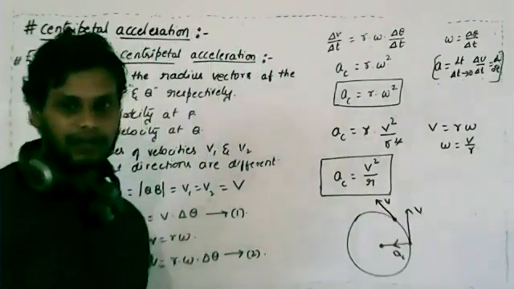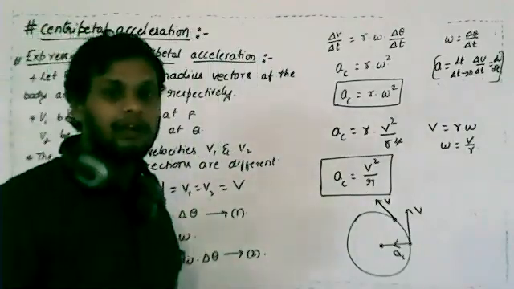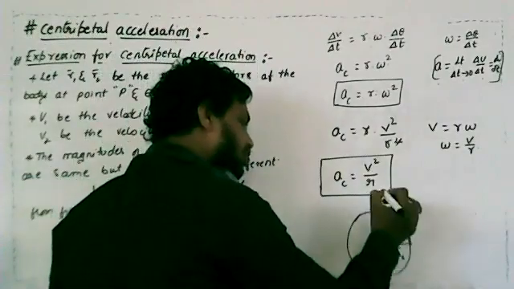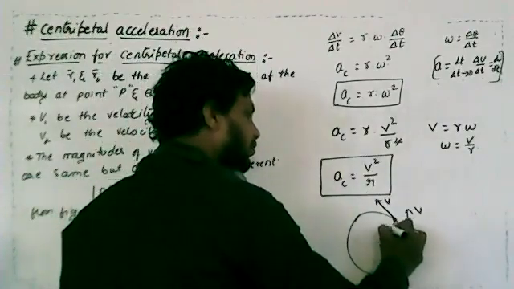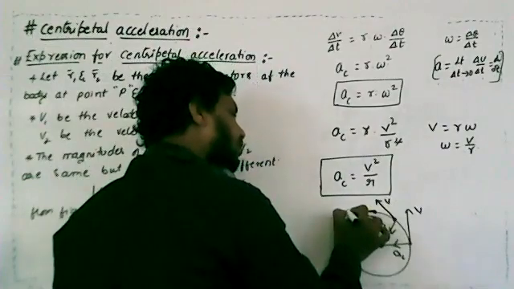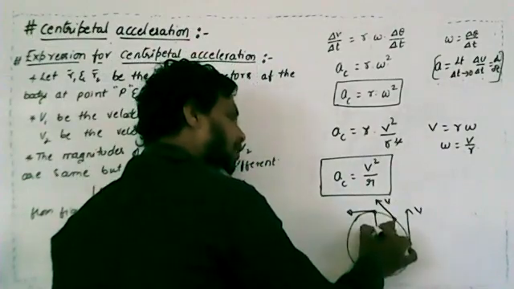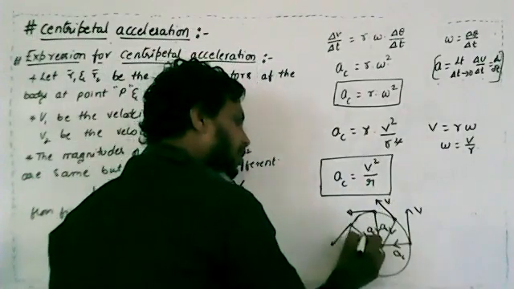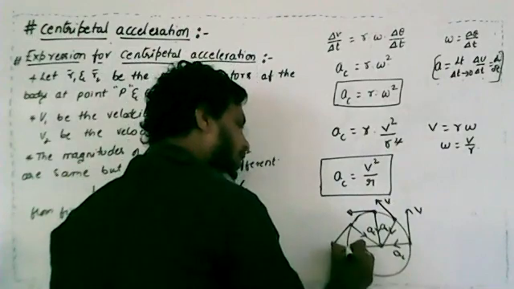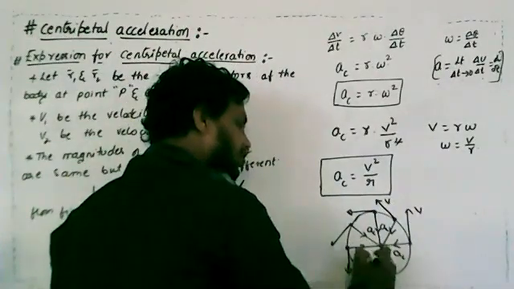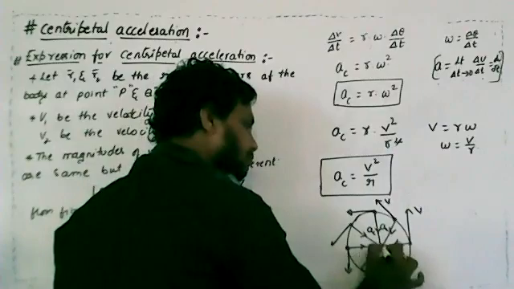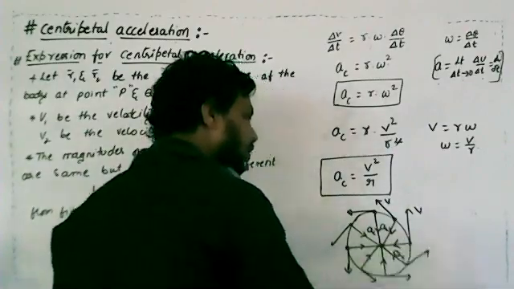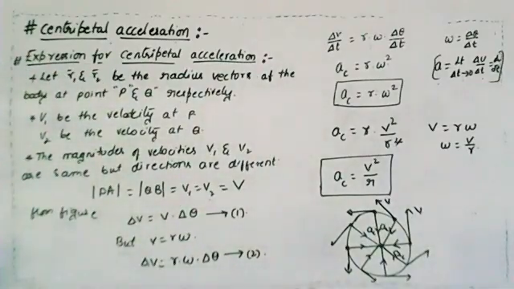So magnitude of velocity is constant throughout the journey, whereas direction changes. Now for this also centripetal acceleration is towards the center. I will take it as AC. Now at this point I will draw the tangent in this direction. So again centripetal acceleration is towards the center. Therefore, if you take the centripetal acceleration at any point, clear, at any point, the centripetal acceleration is towards what? Center. Clear? So centripetal acceleration is always what, ma?